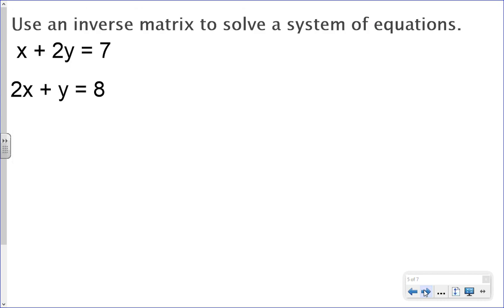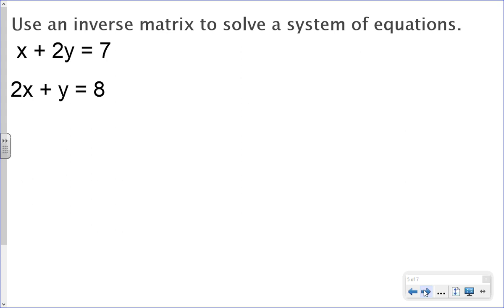Go ahead and write down the system of equations. We are going to use an inverse matrix to solve this system of equations. Okay, so this is what we can do.